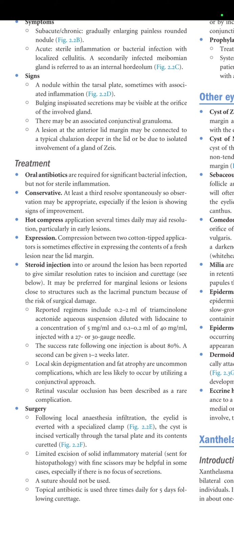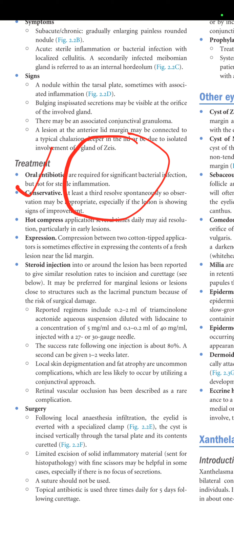Compression between two cotton-tipped applicators is sometimes effective in expressing the content of a fresh lesion near the lid margin. So what you can do is basically conservative management. You can observe the lesion if it is newly formed. You can also do hot compresses, and you can also express the lesion with a cotton-tip applicator.